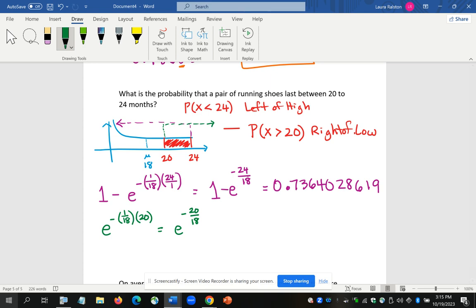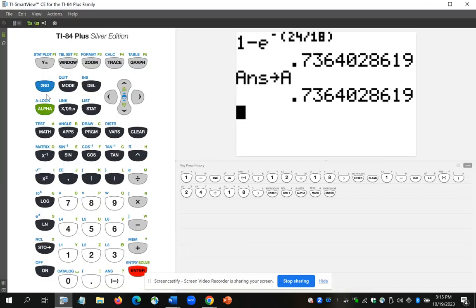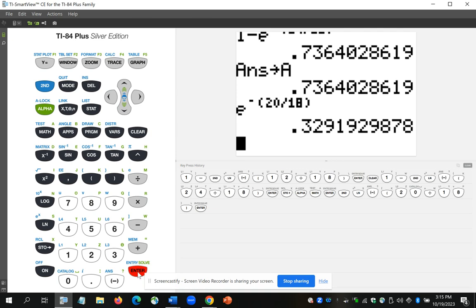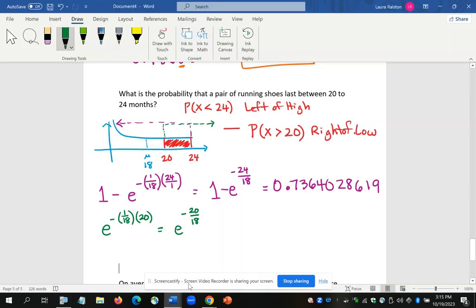So I'm going to my calculator. Second ln negative parenthesis 20 divided by 18. I get 0.3291.